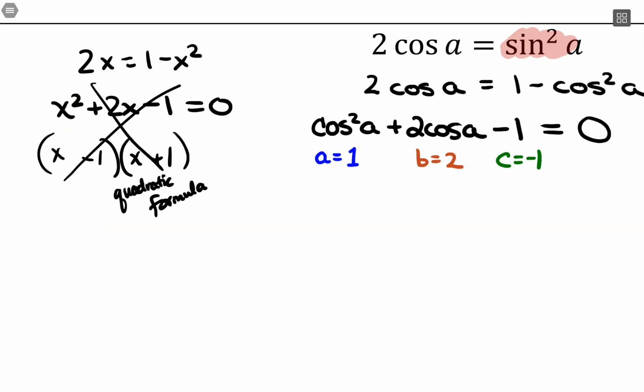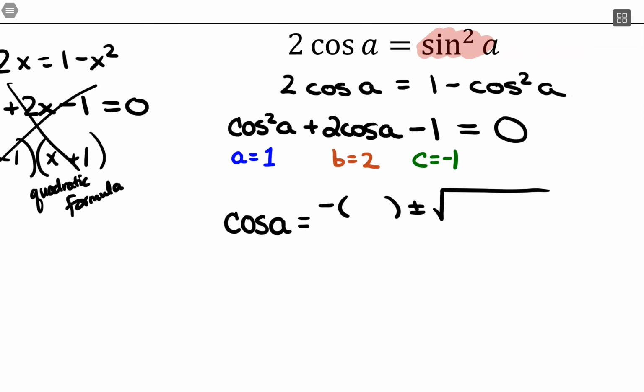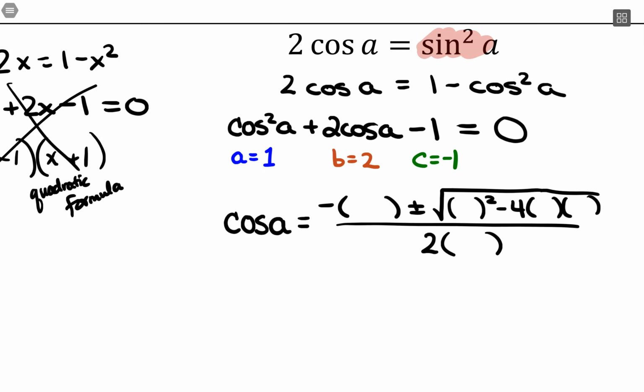Here, we're solving for cosine. So instead of writing x equals, I actually write cosine equals, and then I'm going to have -b plus or minus the square root of b squared minus 4ac, all over 2a. So plug in my a, plug in the b, plug in the c.